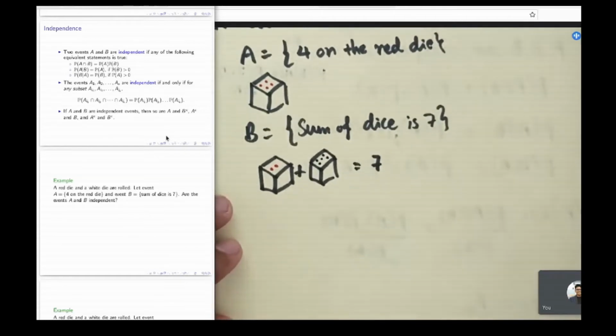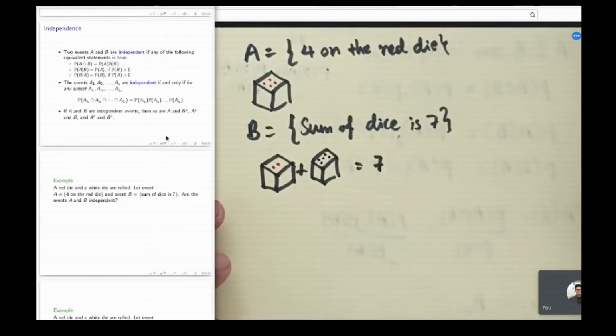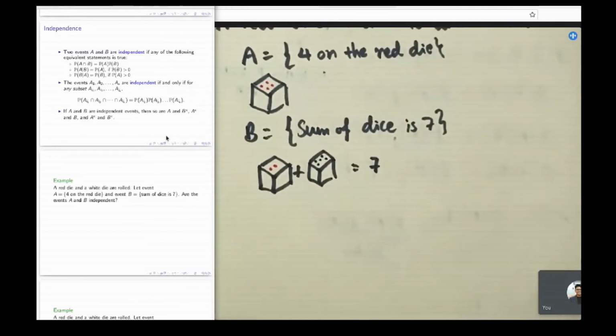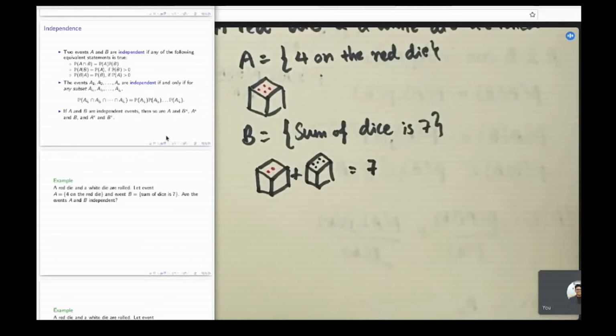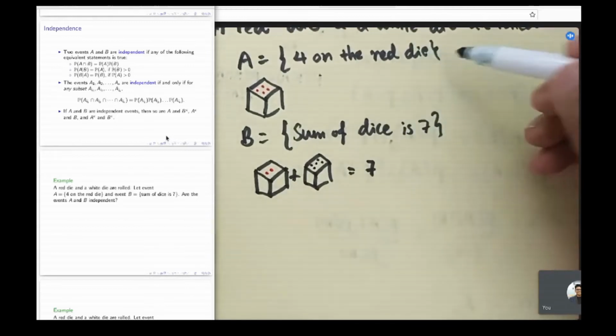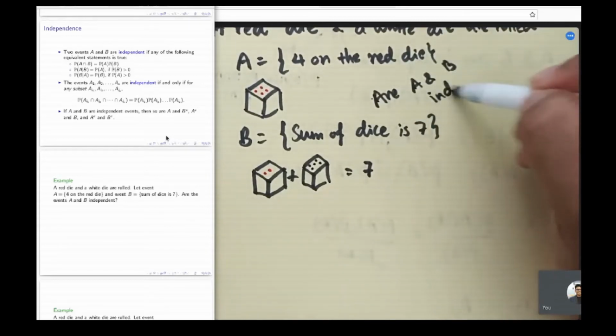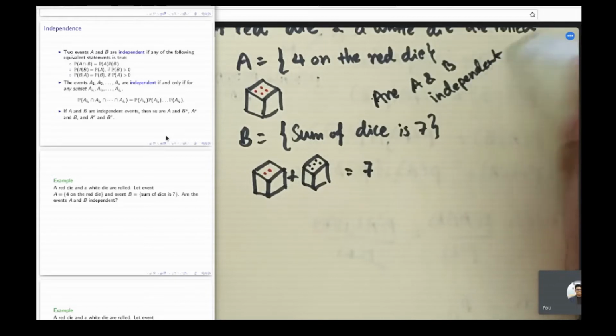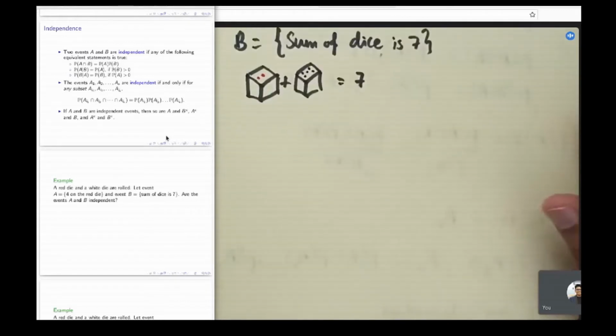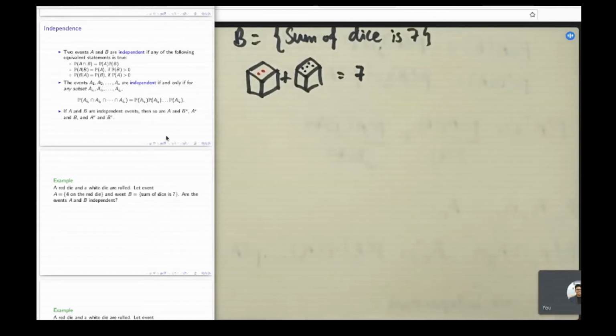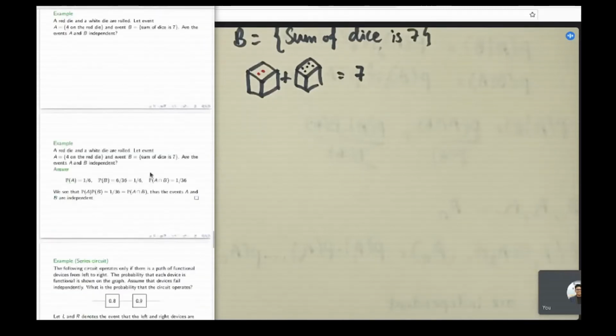Now if you look at these events, the question is, are the events A and B independent? To prove whether they are independent or not, you have to prove either that P A given B is equal to P A, or P B given A is equal to P B. So how do you approach this question?